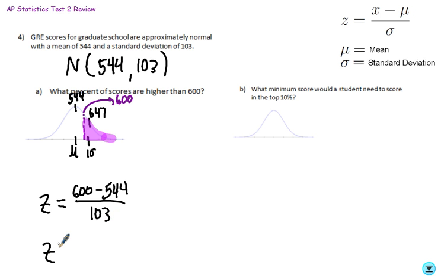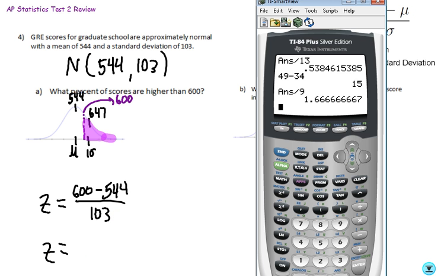Let's throw that in the calculator: 600 minus 544, and then we divide that by 103, and we get 0.54. Remember, this actually is not our percentage yet. This is just our z-score.